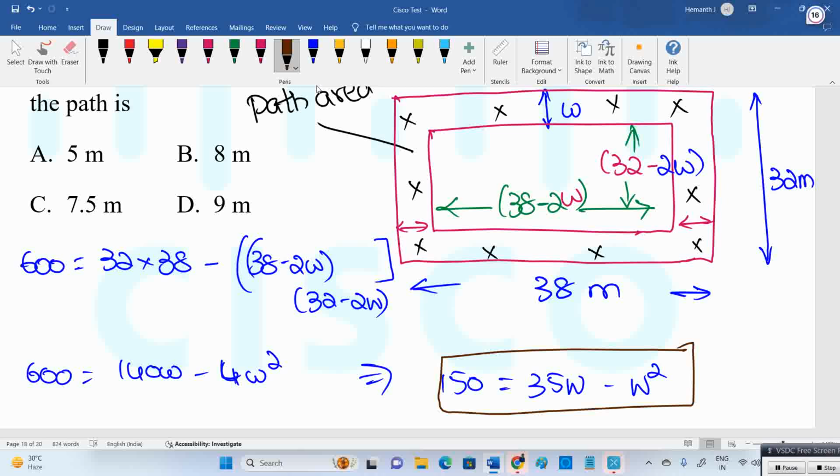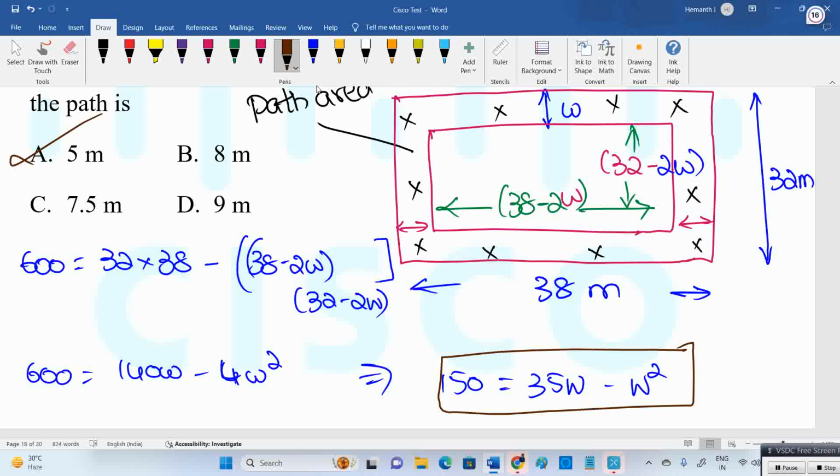If I substitute w value 5, what will happen on the right side? 35 into 5 is 175, minus w squared 25 will give 150. It will satisfy. Left hand side 150, right hand side also 150 is required. Which option will satisfy? I'm going with option verification here.